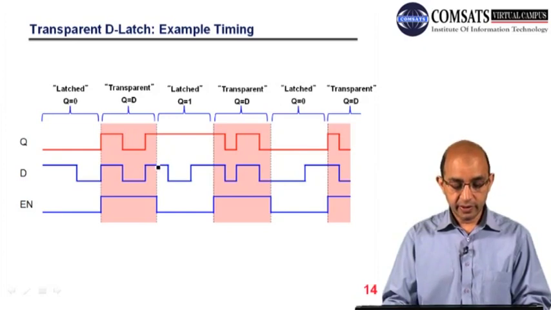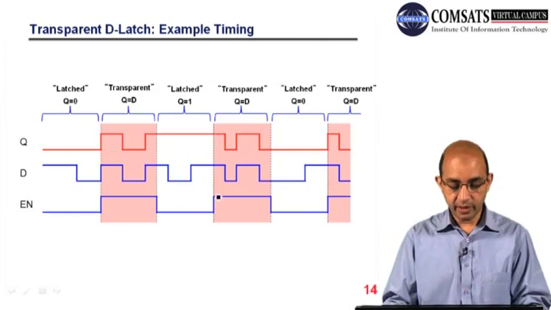Here there is a change in D, that is the input, but as we have enable low, Q will be latched. So Q equal to 1 will be latched till the next enable.